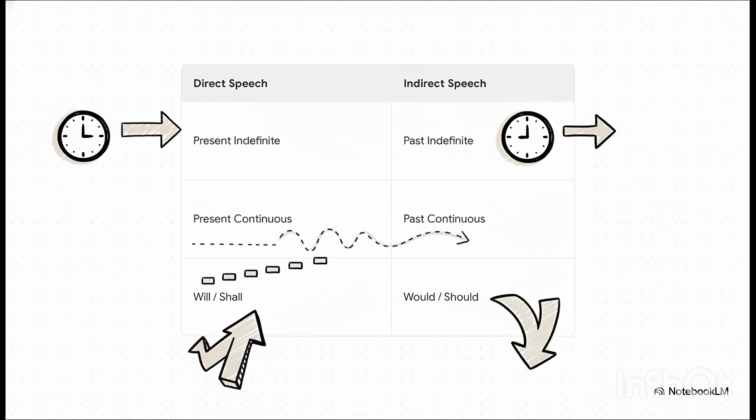If the original speaker used the present indefinite, your indirect report simply drops back to the past indefinite. Present continuous, that becomes past continuous. And for the future tense, it's actually pretty elegant. Will gracefully shifts to would, and shall becomes should. It's just this highly logical mirroring effect where you are stepping exactly one pace backward in time.